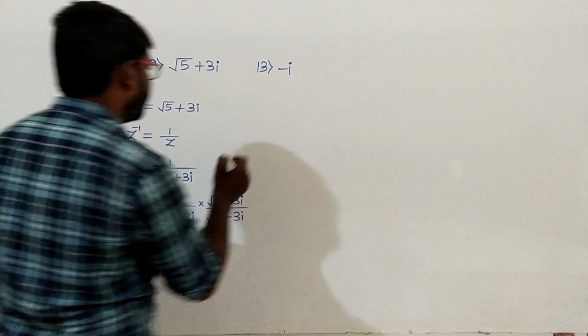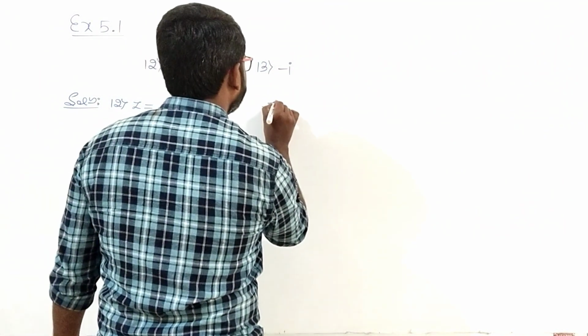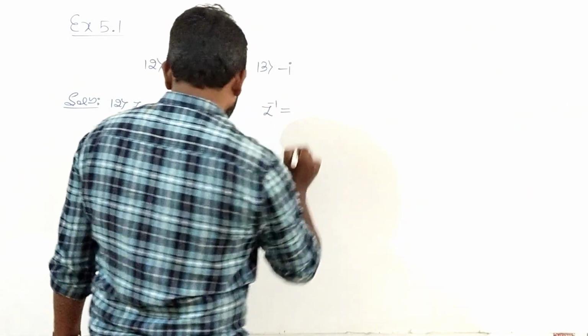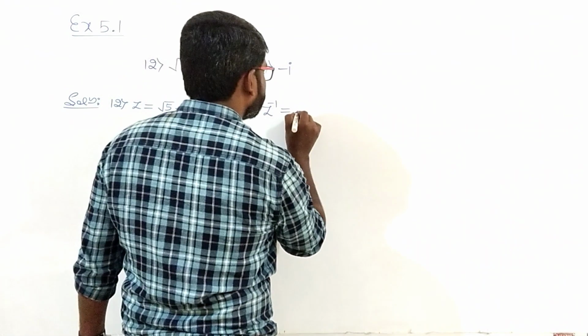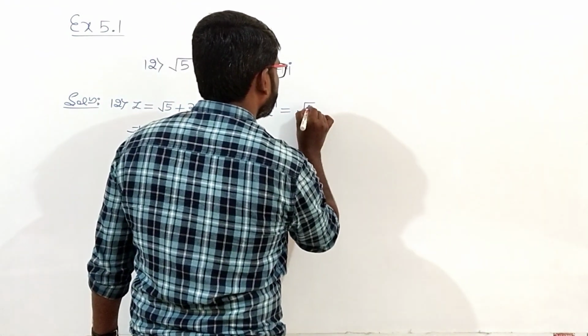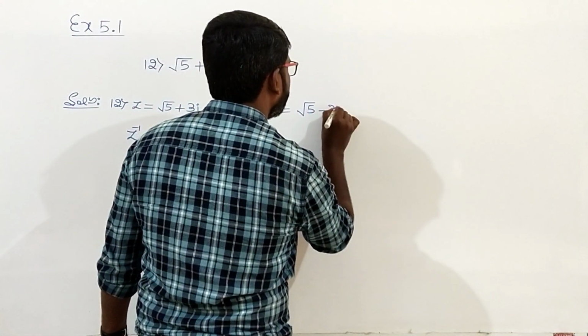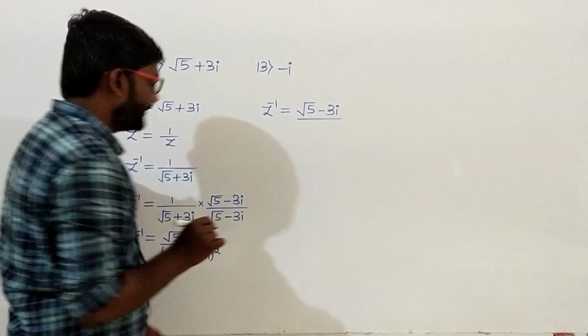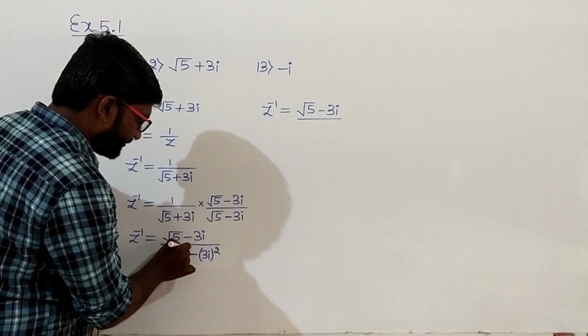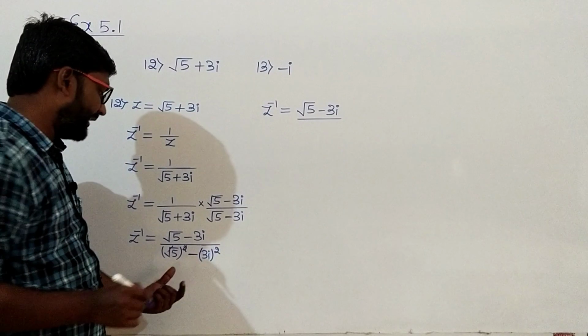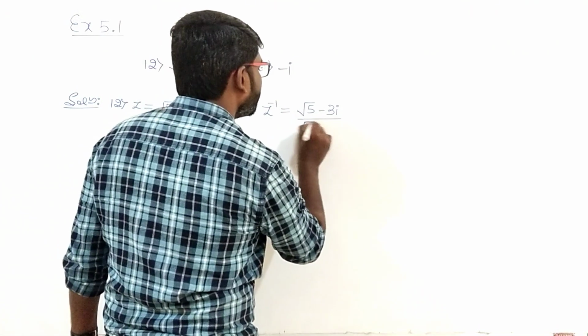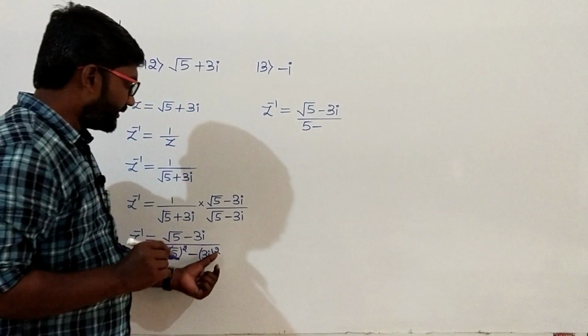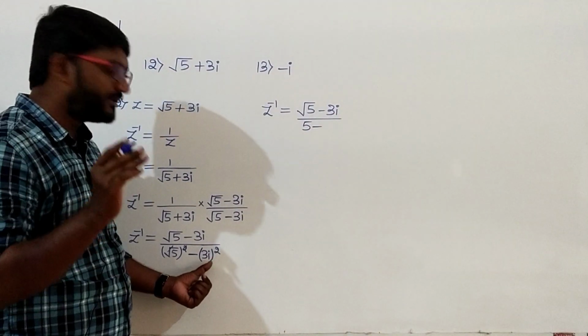So we'll simplify this further. z inverse is root 5 minus 3i as it is, divided by, so see here, square and root get cancelled, so we get only 5 minus, so here square applies to the first term as well as to the second term.